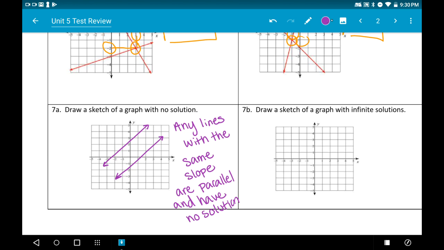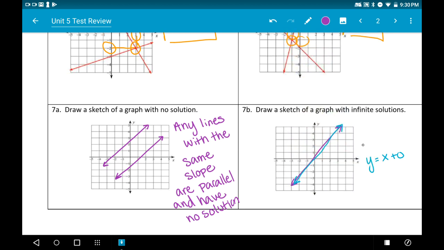Now there is one exception to that, because this next one says draw a sketch of a graph with infinite solutions. What infinite solutions looks like, say this is our first line here, is another line that is the exact same. I know it's kind of hard to see on a graph because they're both the same line, but say that the equation of our blue line was y equals x plus 0, so just y equals x.